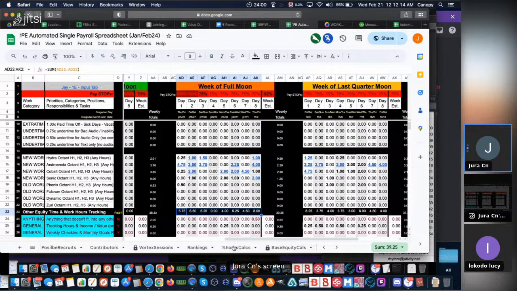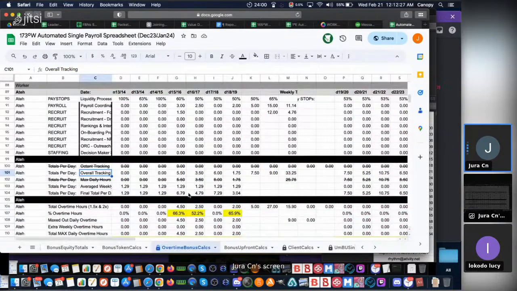So in the calculations that we do, we always calculate based on the max daily hours. So we're going to do whatever is the biggest number of hours, whether it's in your overall tracking or your octant tracking.